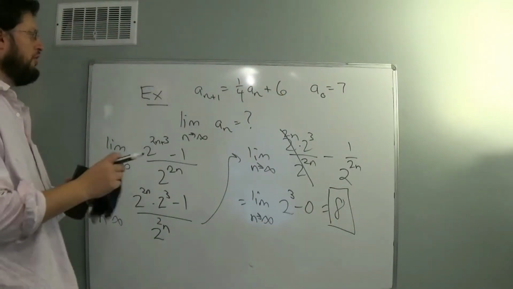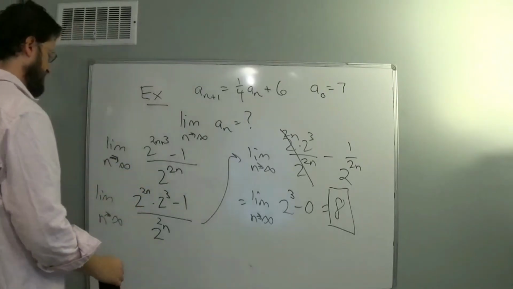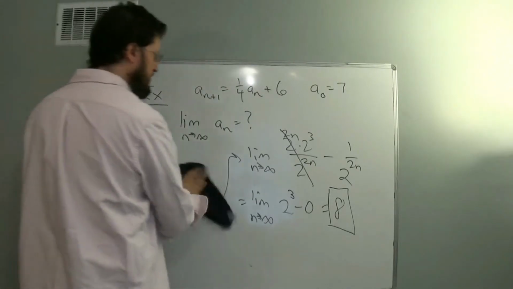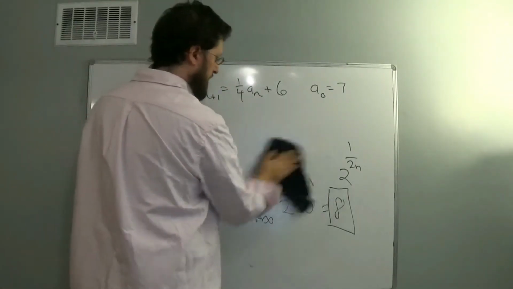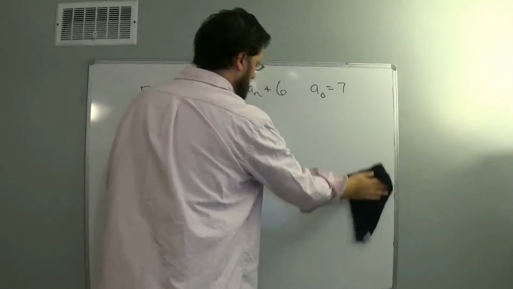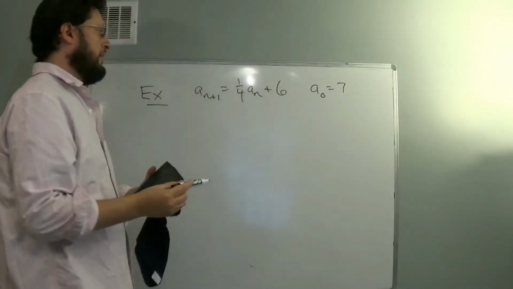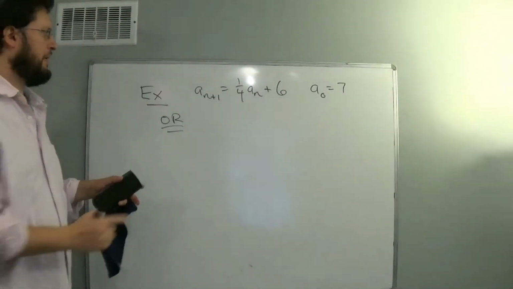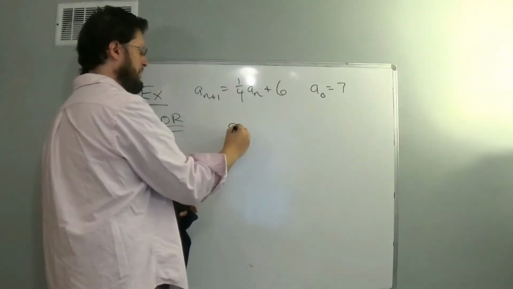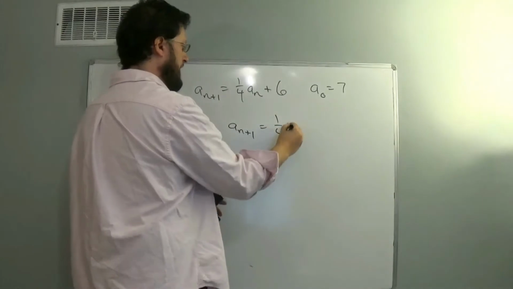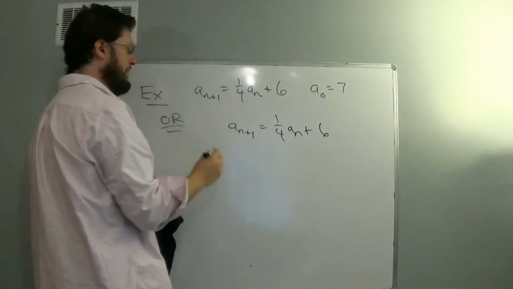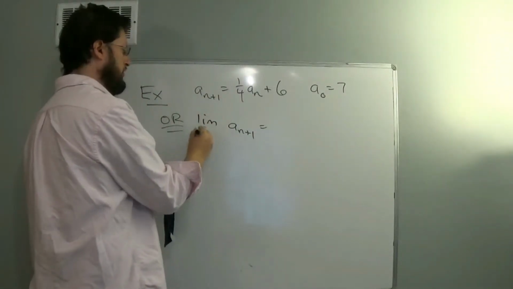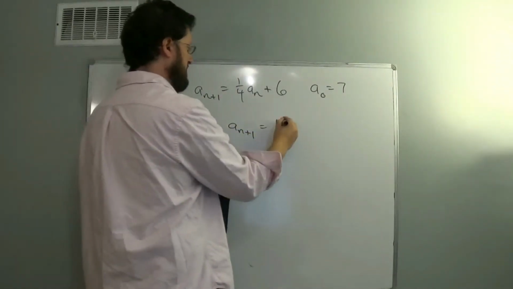Now, let me show you an alternate way of thinking about that, which actually is easier. It's easier to do the calculations, maybe a bit harder to understand the idea. An alternate way of thinking about this is to take this a_(n+1) as 1/4 a_n plus 6 and take the limit, let me leave some space here, what I want to do is take the limit as n goes to infinity of both sides.